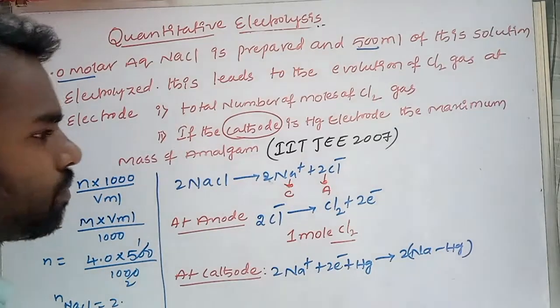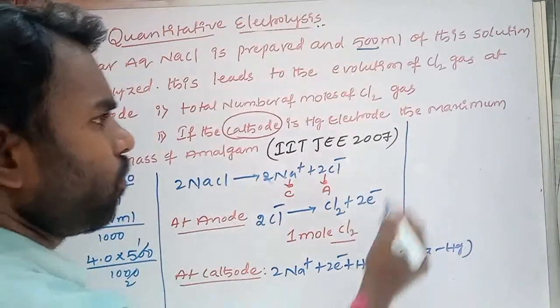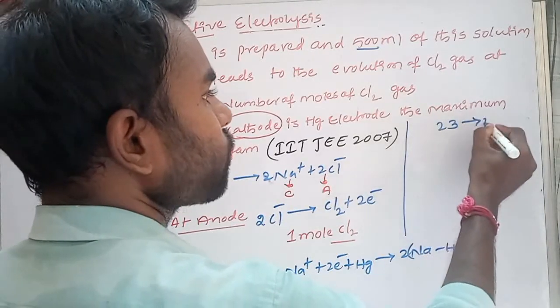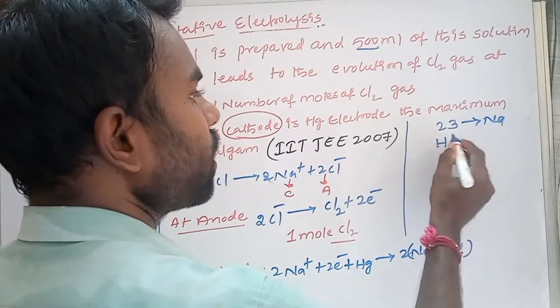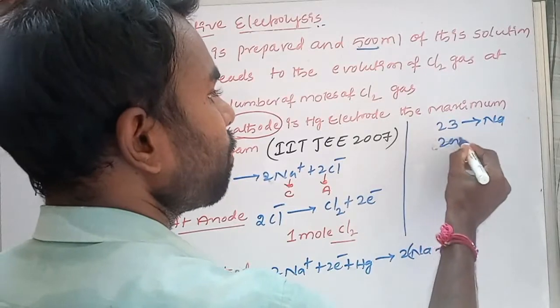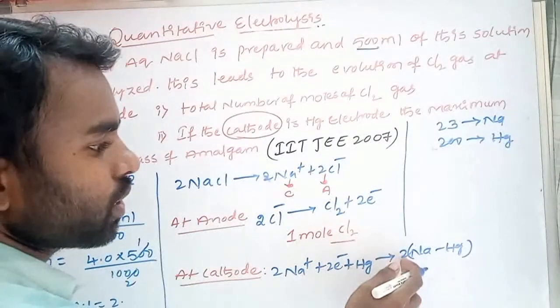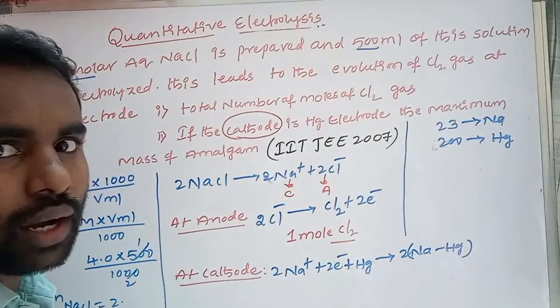So from that, what is the atomic weight of sodium? 23. The atomic weight of sodium is 23. What is the atomic weight of mercury? 200. Then how many moles of amalgam are there? 2 moles of amalgam.